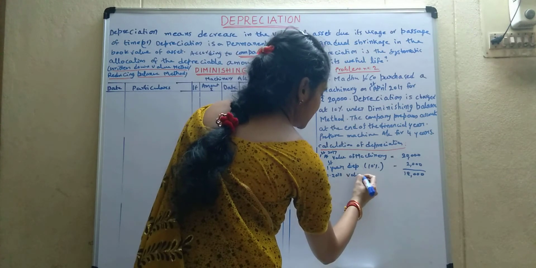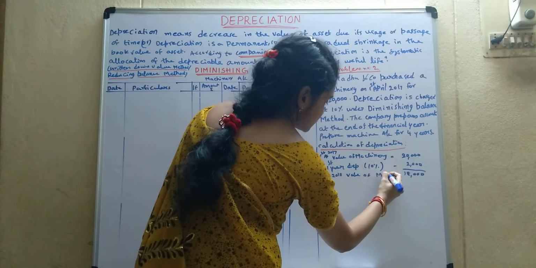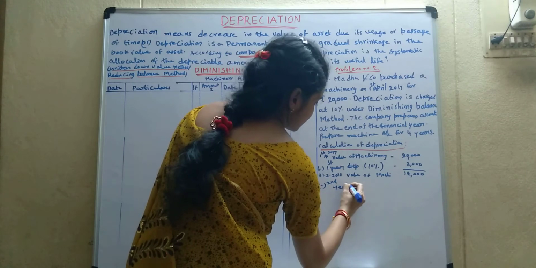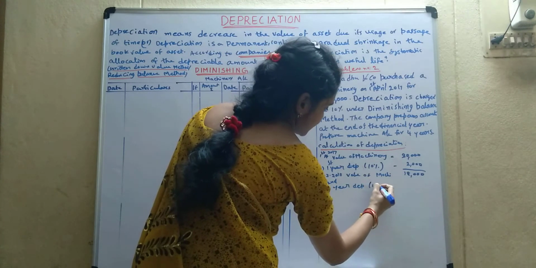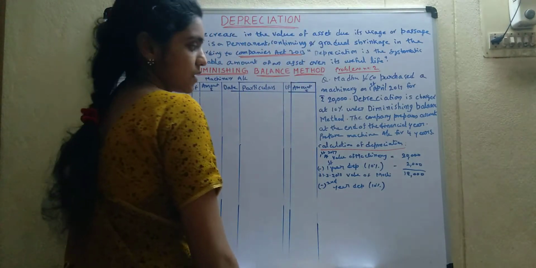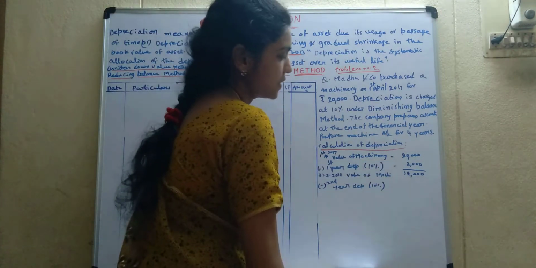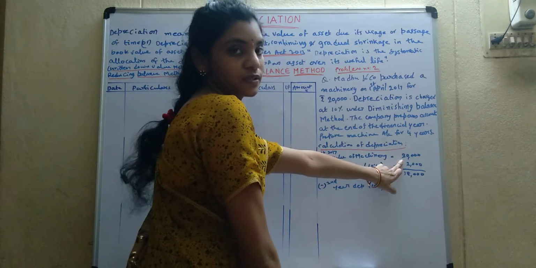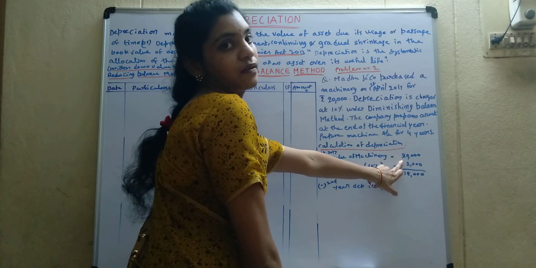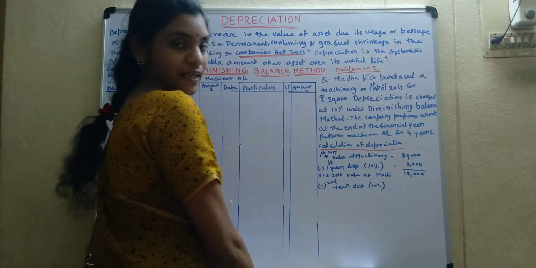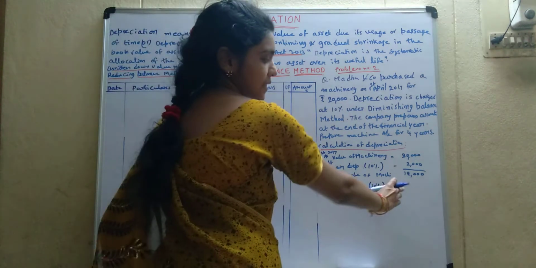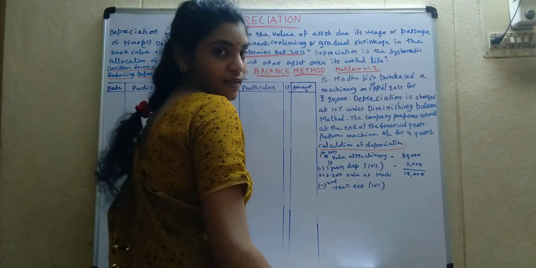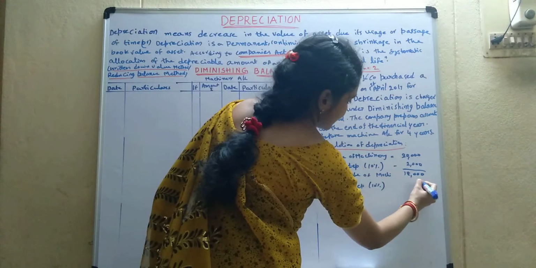Value of this machinery, and again second year depreciation at 10%. Did you observe anything here? In the first year, we calculate depreciation on the original cost of the machinery. But what do we do in the second year? In the second year, we calculate depreciation on the book value, or decreased value, of the asset. 1800.